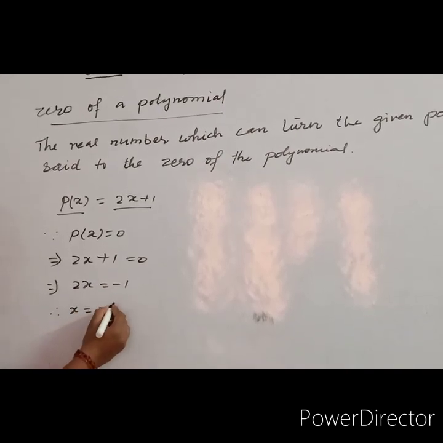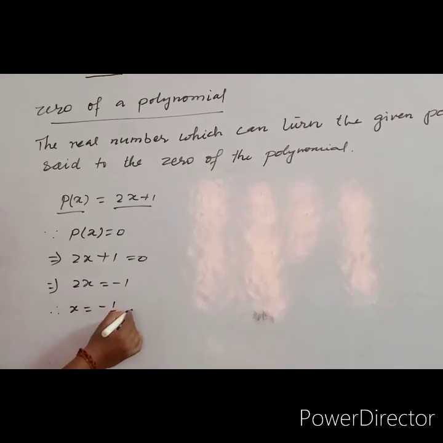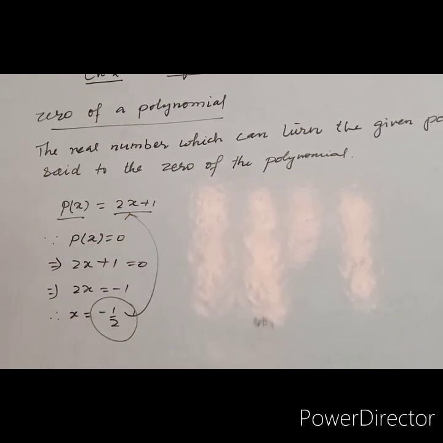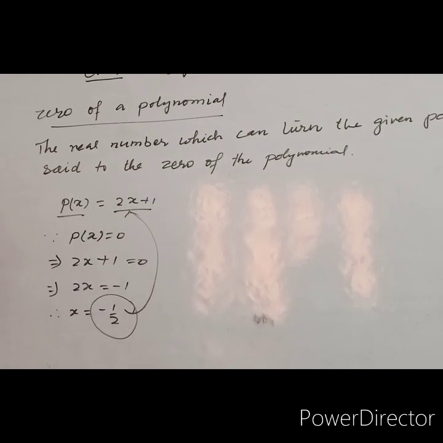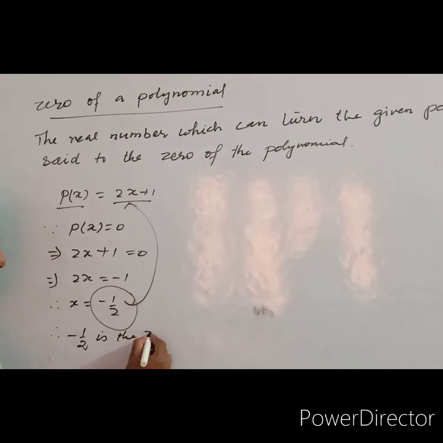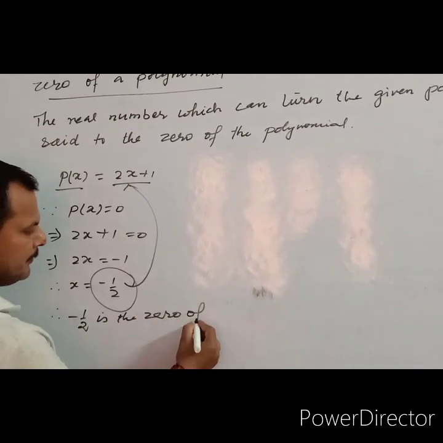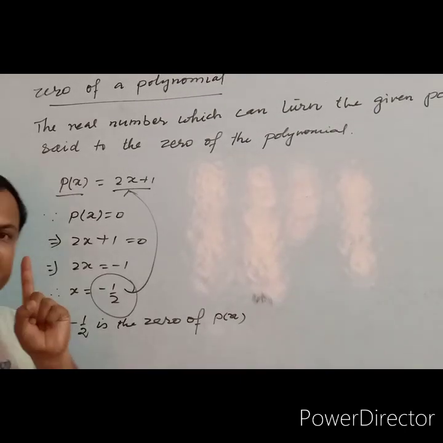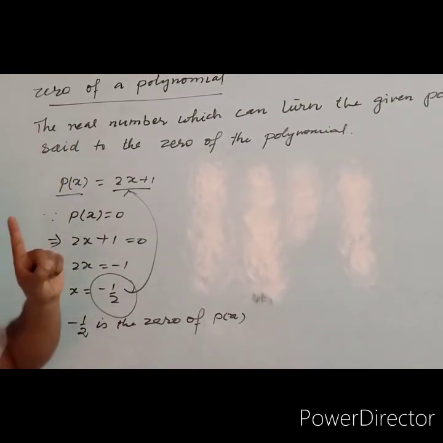Therefore x is equal to -1 by 2. It means if you replace x by -1 by 2, the polynomial becomes 0. Therefore -1 by 2 is the zero of p(x).